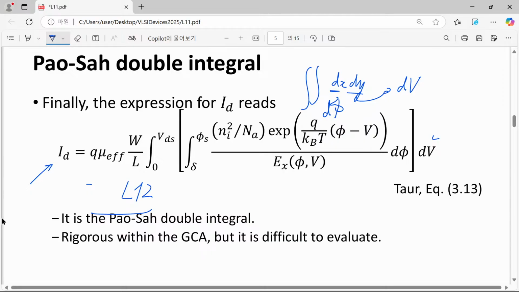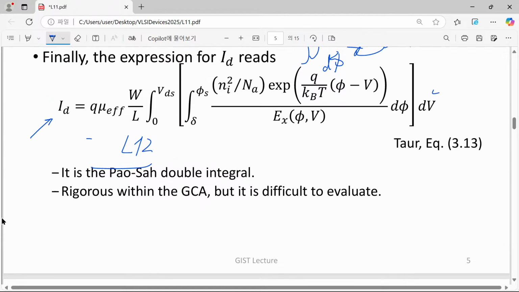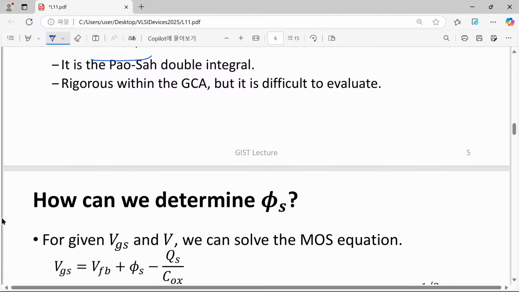Maybe you feel, well, this is just approximations, I don't like it, I want a rigorous analysis. But unfortunately, rigorous Pausa is quite demanding when you try to calculate it. This is the motivation. I wanted to justify why we are living with the approximations, because it makes things easy. So now let's go to this one.